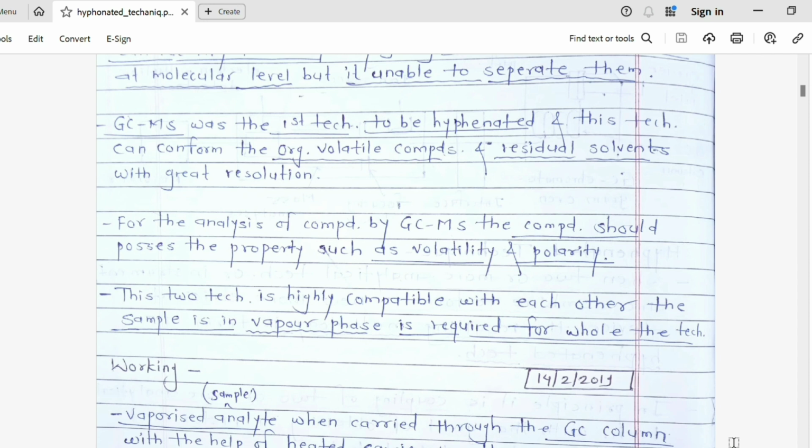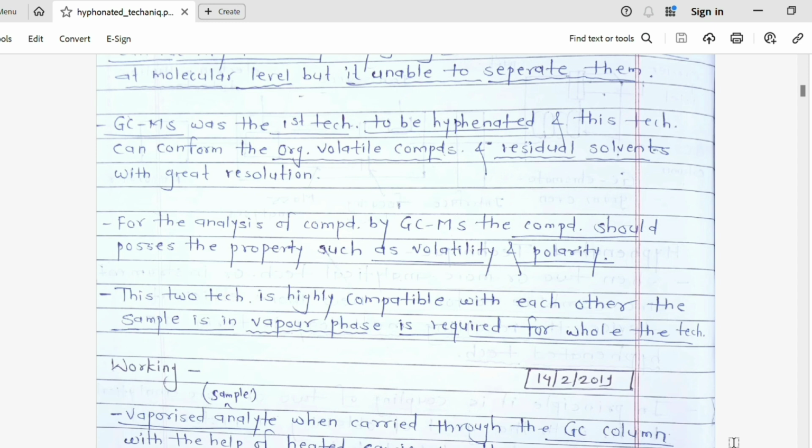Gas chromatography mass spectroscopy was the first hyphenation technique, and this technique is used to confirm organic volatile compounds and residual solvents with great resolution. For the analysis of a compound by GCMS, the compound should possess properties such as volatility and polarity.